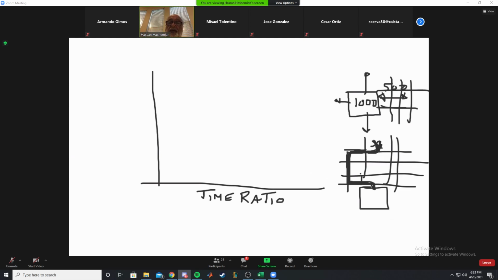What's the time ratio? Time via freeway over time via quickest road.